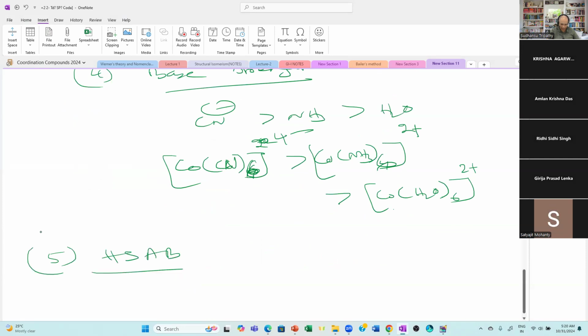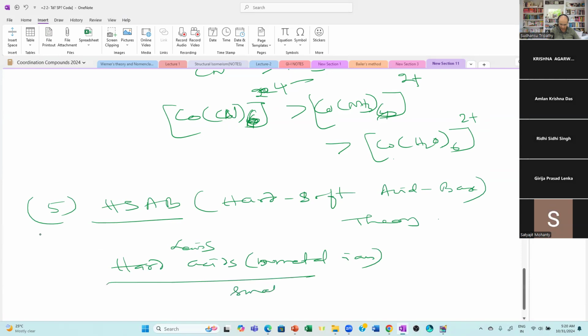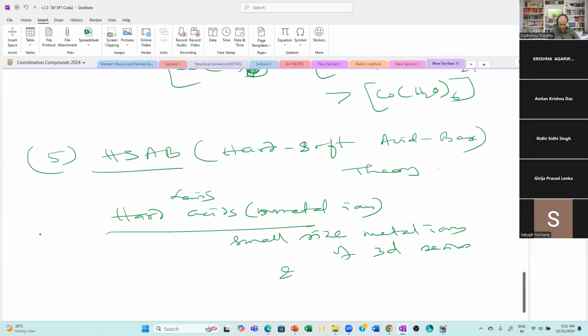HSAB, hard and soft acid-base theory. Hard acids, the metal ions, Lewis acids, are small-size metal ions, mostly of the 3d series, and in a high oxidation state, so that size will automatically be less.